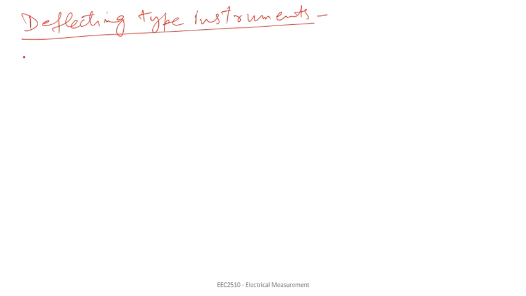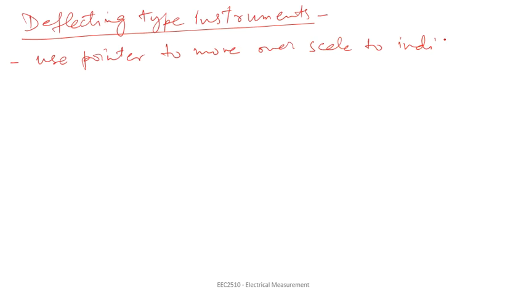Okay. So, the deflecting type instruments will use a pointer to move over a scale to show or indicate the measured quantity.